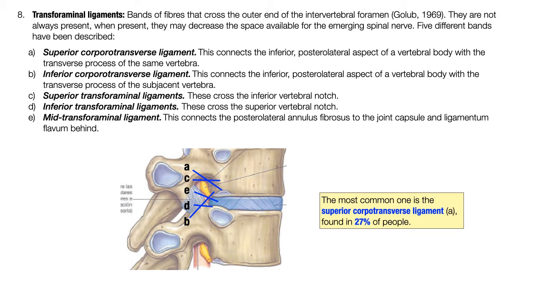Okay, the inferior corpotransverse ligament corresponds to line B, and then we have the superior, inferior, and mid transforaminal ligaments. All right, so attention to inflammation of these ligaments when you see patients.